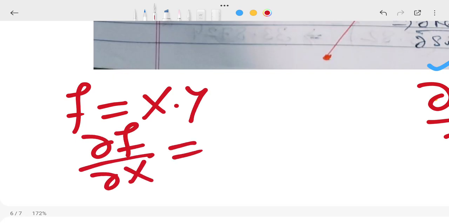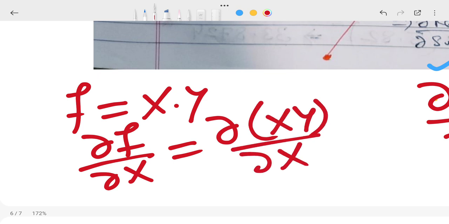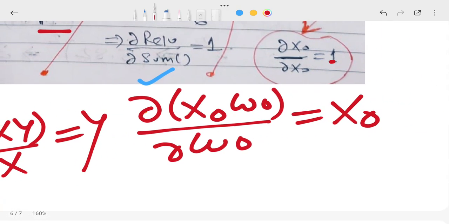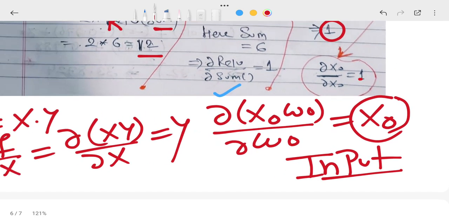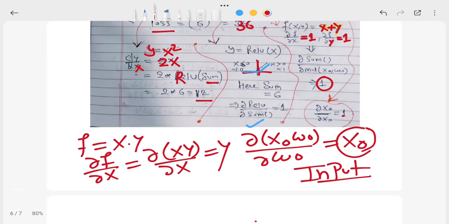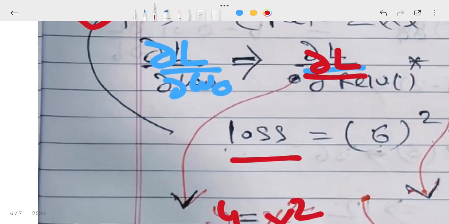I will differentiate f is equal to xy with respect to x, then 100% I will get y, because dx upon dx is equal to 1. Same thing here. Every time I am getting x0, meaning every time I am getting the input. This is the logic. So in my program I have written input. I will show you later. So this is only for w0.